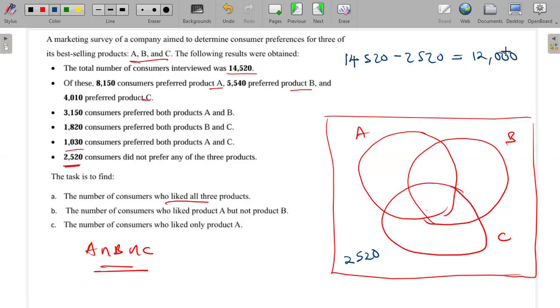Now we're going to use the inclusion-exclusion formula to avoid double counting. So I'm going to write it down here.